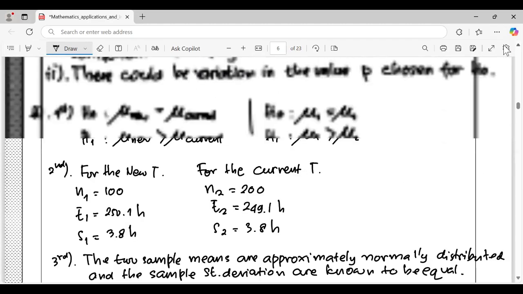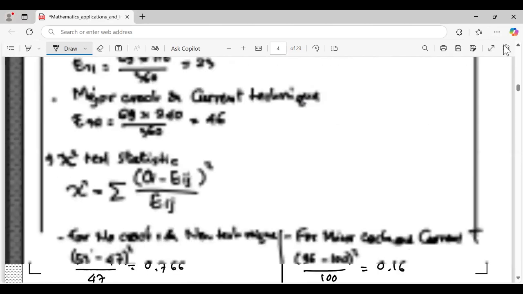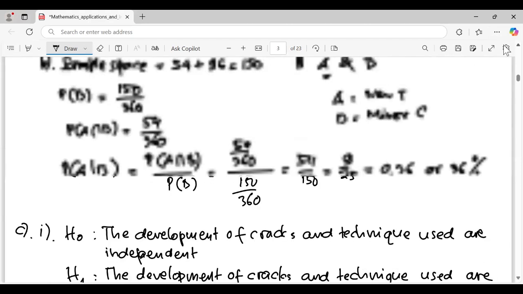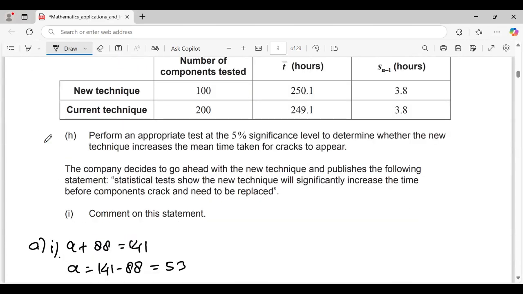And next. The company decided to go ahead with the new technique and publish the following statement.